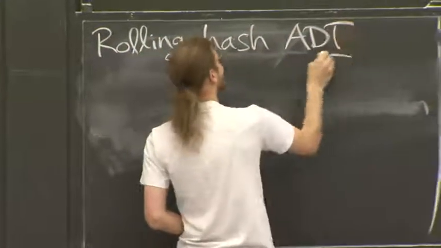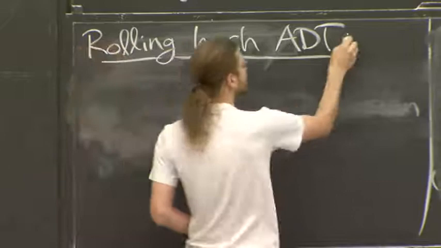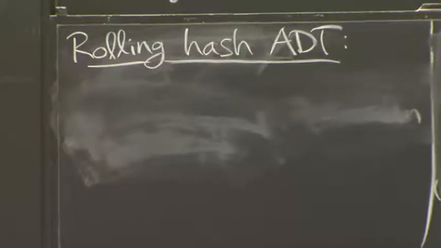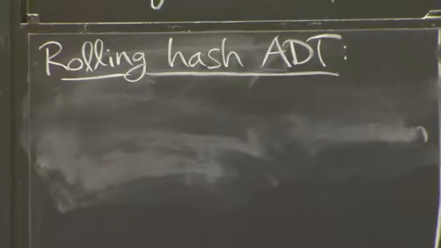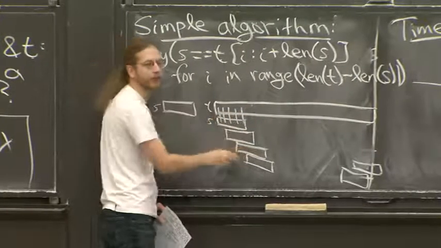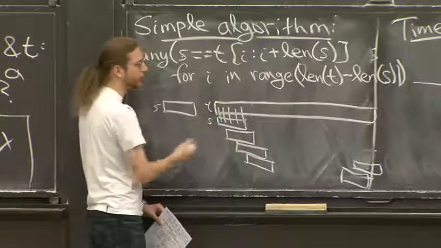So shelve that idea. We're going to come back to it. We need a data structure to help us do this. Because if we just compute the hash function of this thing, compare it to the hash function of this thing, and then compute the hash function of the shifted value of t and compare it, we don't have to recompute the hash of s. That's going to be free once you do it once.